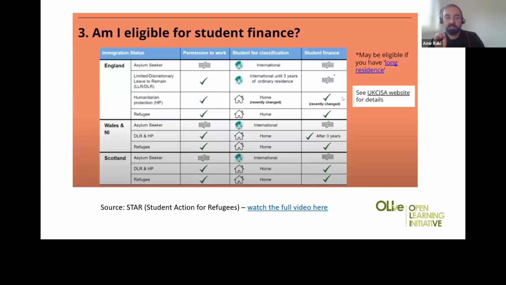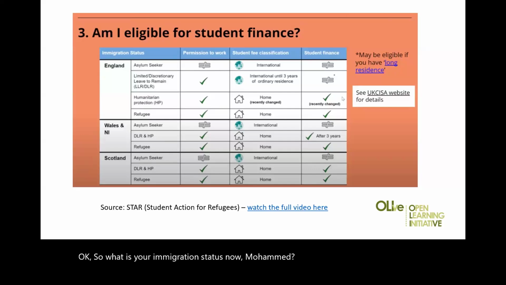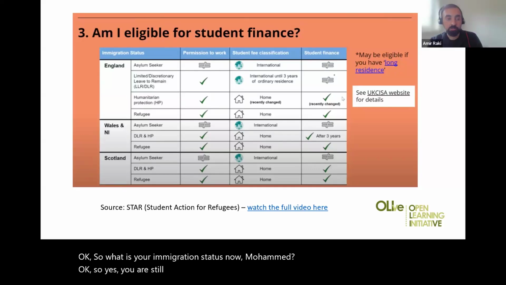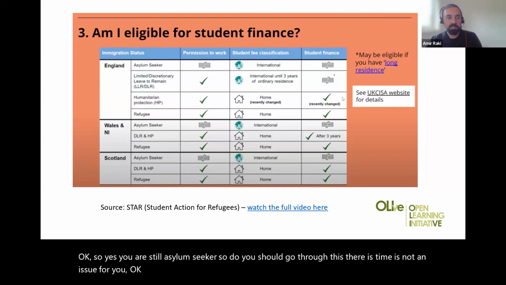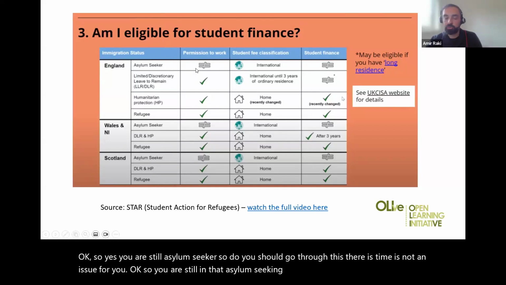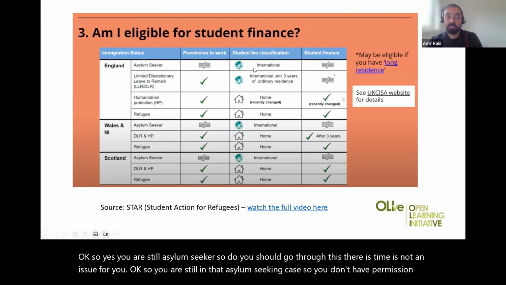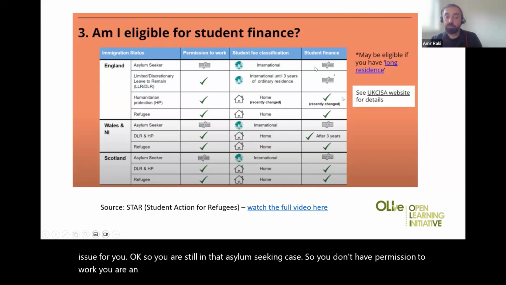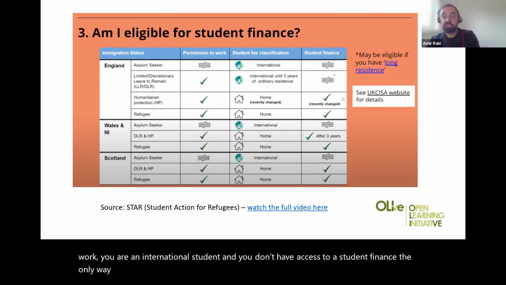So what is your immigration status now, Mohammed? Asylum seeker. Okay, so you're still an asylum seeker, so time is not an issue for you. You are still in that asylum seeking case, so you don't have permission to work. You are an international student, and you don't have access to student finance. The only way for you is a scholarship, which we are going to explain later.